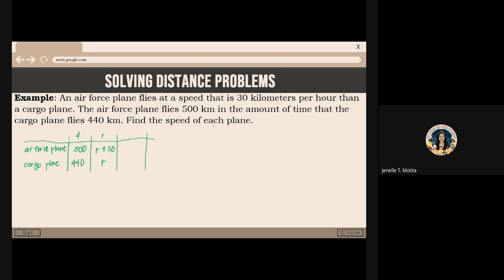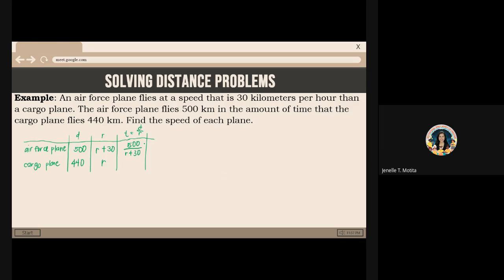Find the speed of each plane. The Air Force plane flies 500 kilometers in the amount of time that the cargo plane flies, so meaning the times are equal. Time is represented by distance over R. So just substitute: 500 over R plus 30.